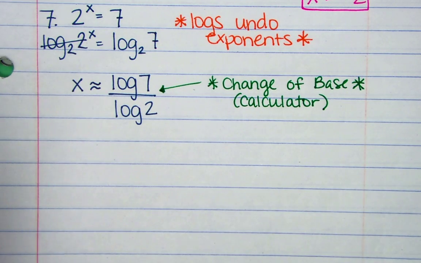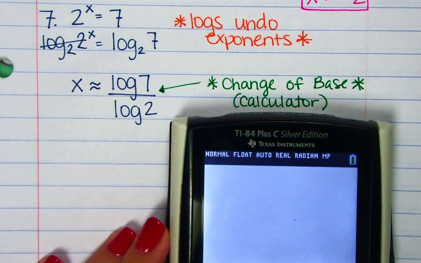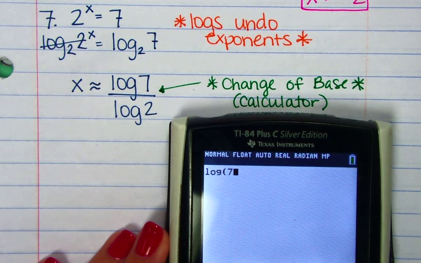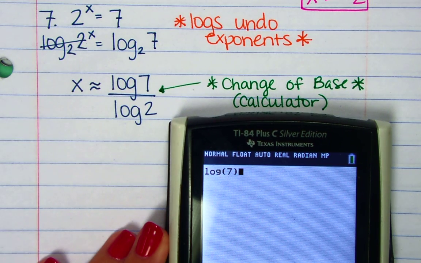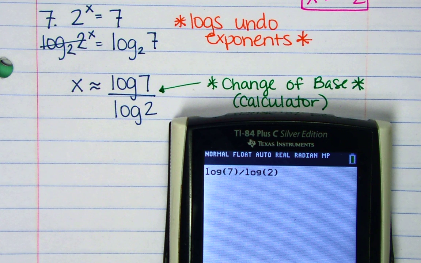But it's going to be a weird decimal, so we need to use the squiggly line. So use the log button, log 7, close parentheses, divided by log 2. That's why we learned this already, the change of base formula. Go ahead and do it and make sure you know how to do it. Close the parenthesis and divide.